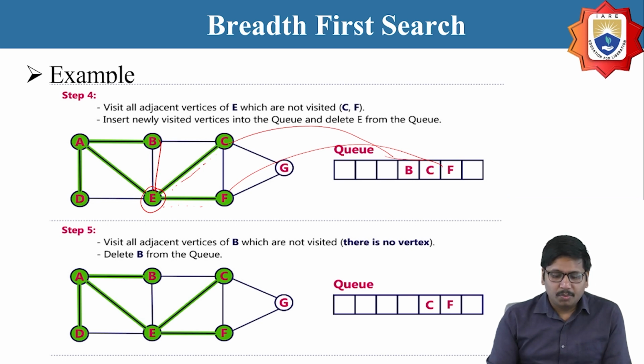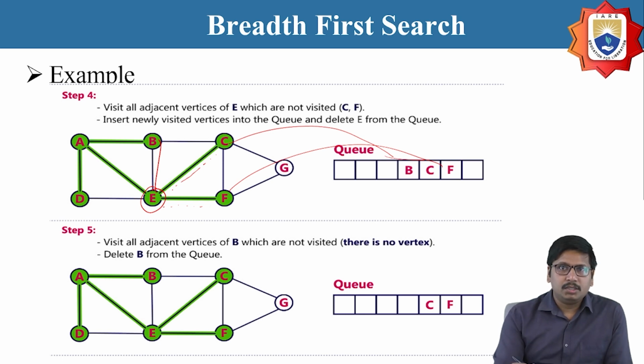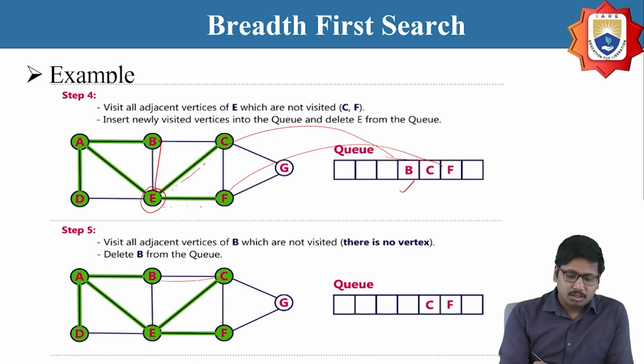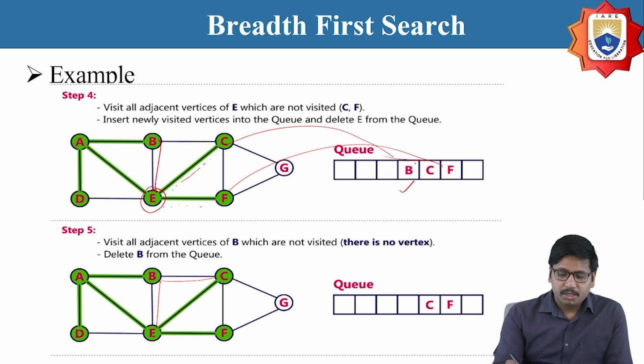Then next we have to consider B here. From B we have to identify the non-visited vertices. E is already visited, C is already visited, so nothing is going to be there. So we have to delete B also.